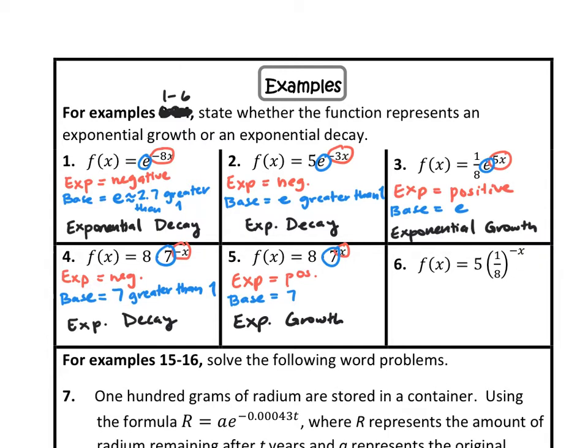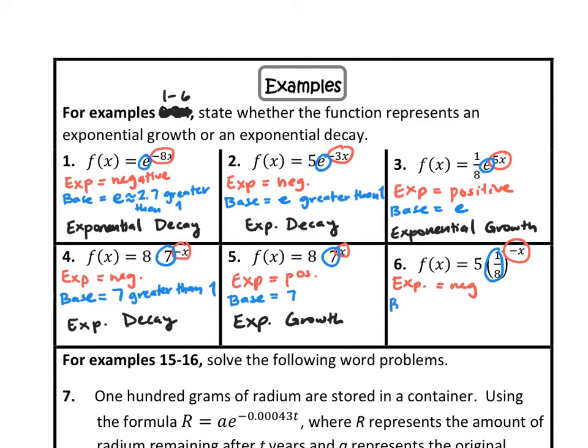All right, and then on example 6, I see that the exponent is negative, and the base changes this time.